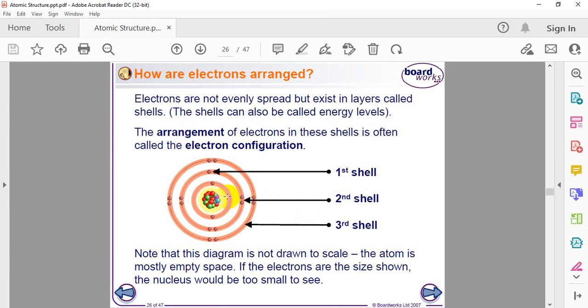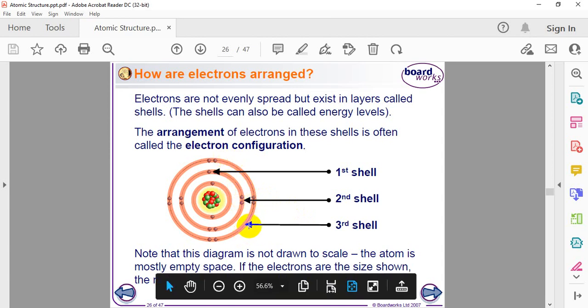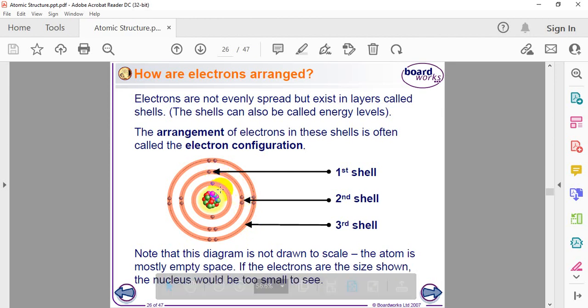Here, the first shell is this. Second shell is this. Third shell is this. So there's a mistake here. Arrow 1 should point here and not here. Well, this is the nucleus. That's the nuclear area marked by yellow color. The first orbital always takes 2 electrons.